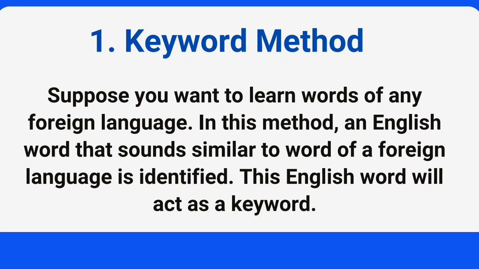Whenever you hear the word pato, the word pot will automatically come to your mind. And as the word duck is quite connected to the word pot, it will also come to your mind, and you will remember that the word pato means the word duck. So this is how the keyword method is used.